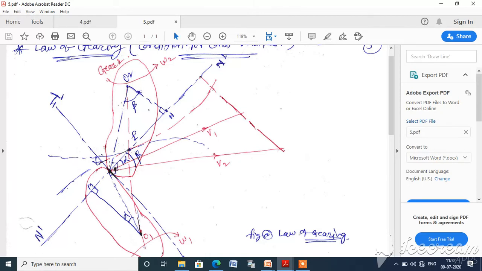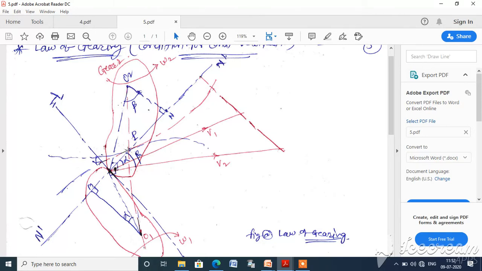When two teeth are meshing at a point, through that we can draw a tangent, and exactly perpendicular to this tangent, n dash is the normal. Here I have mentioned the angle alpha.